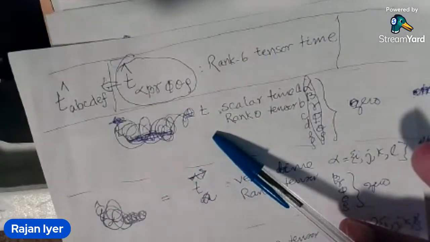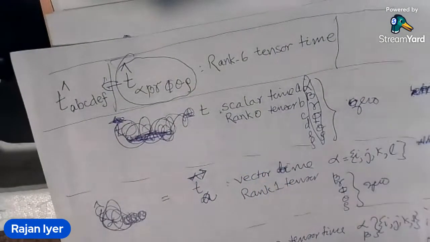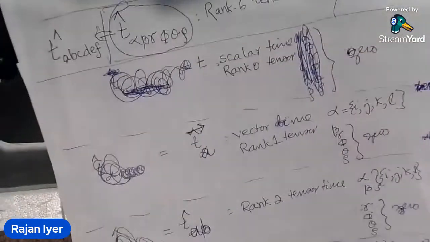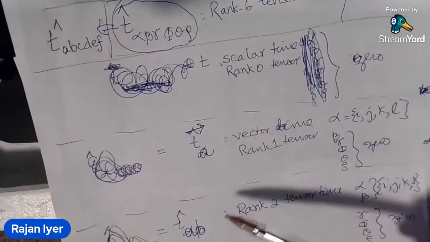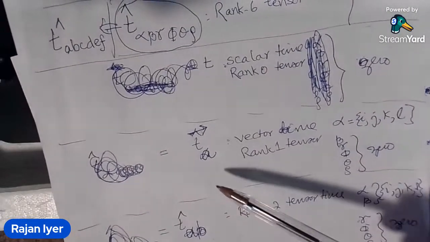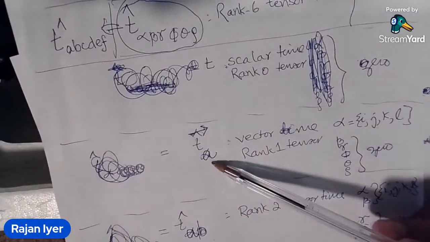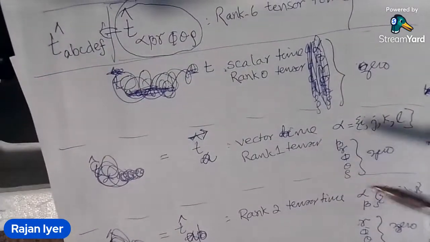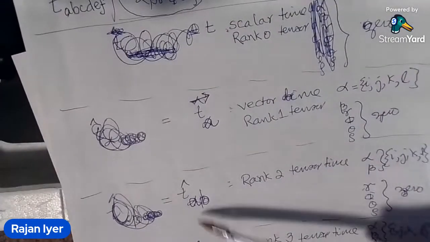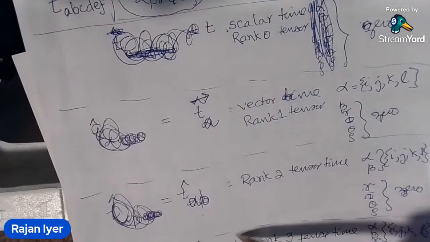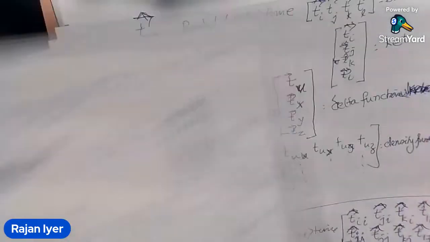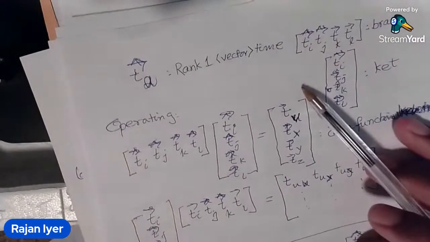Suppose a scalar time t we use, so we don't use the subscripts. The subscripts mean the rank of the tensor. If you have one subscript, it will refer to a vector, a rank 1 tensor. If you have two subscripts A and B, that refers to a rank 2 tensor, and that will look like this.